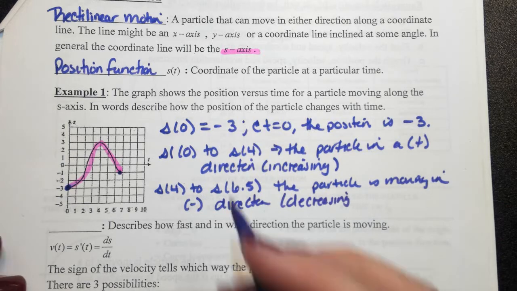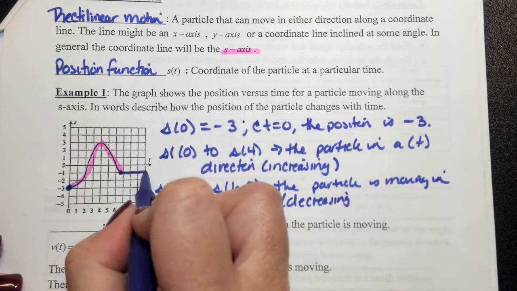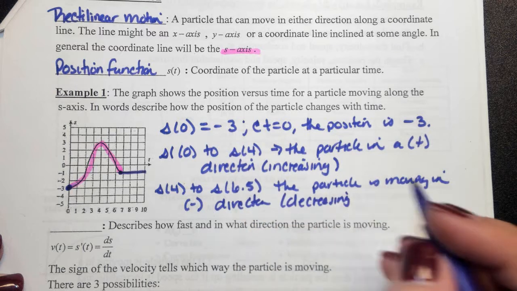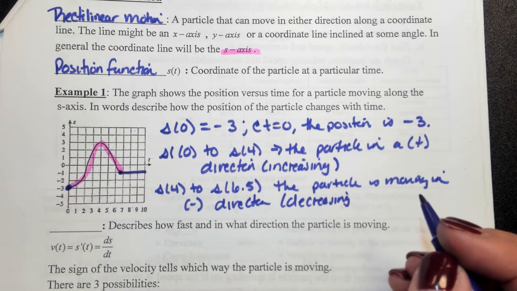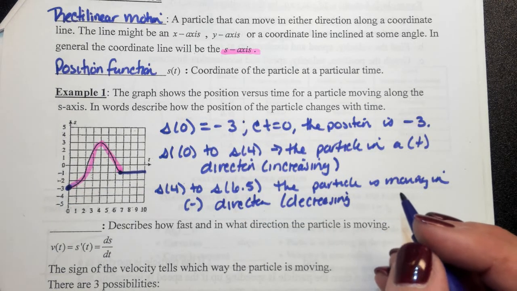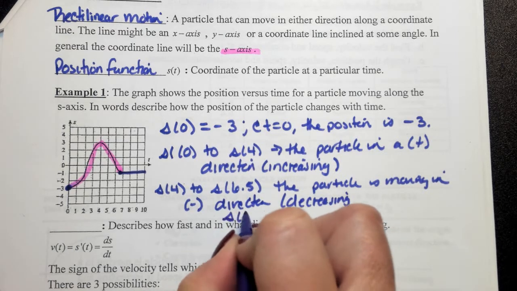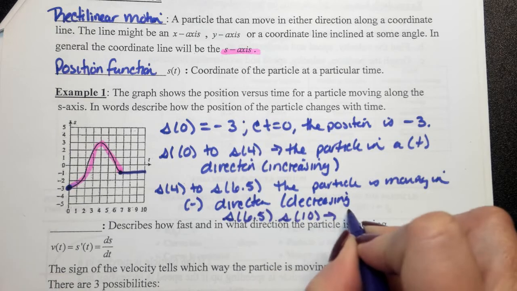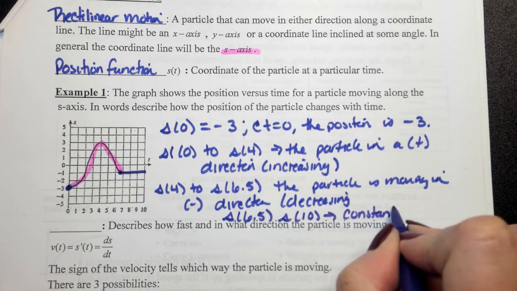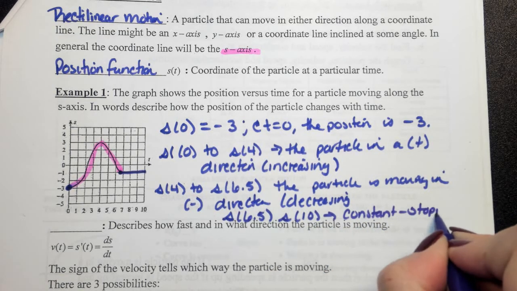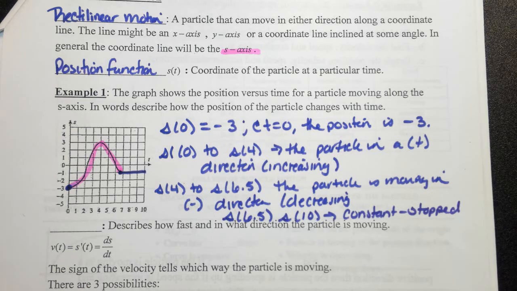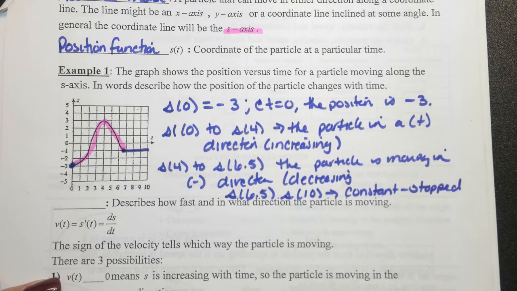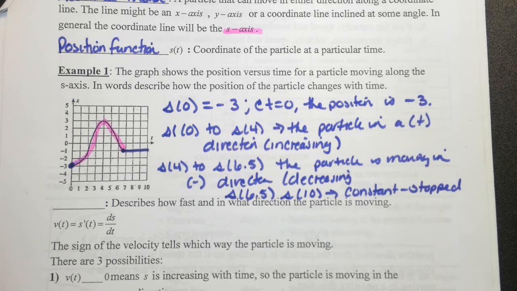And then from about 6.5 to 10, it's a constant, which when you're interpreting this means the particle has stopped. So from s of 6.5 to s of 10, it's a constant, which means the particle has stopped. So we're talking about the position curve given to you, and you want to know how the position is changing over time. This is how you can read your s of t graph.